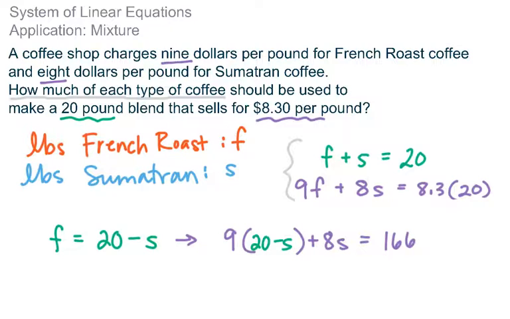At this point, we now have one equation. I took the green and purple and combined them together. I have one equation with only one variable. The only variable we have is s.